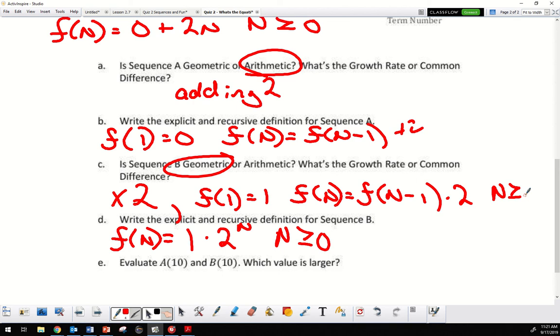Why is it 2? Right here, I stated my first term, 1, right? My starting is actually f of 1. So everything after that is what you're going to find. You're going to find all the other ones after that. So after 1, because that's given to you, is going to be 2. So from 2 on.